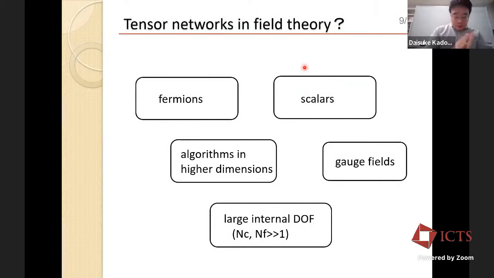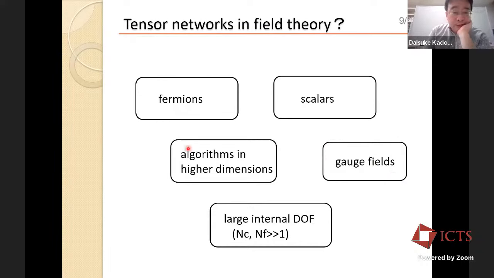And so we need to consider various issues if we apply the tensor renormalization group method to quantum field theory. For instance, we need to consider how to handle fermions, scalar fields, and gauge fields of the quantum field theory in tensor renormalization group method.